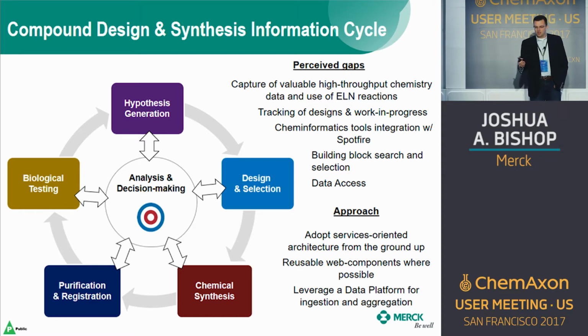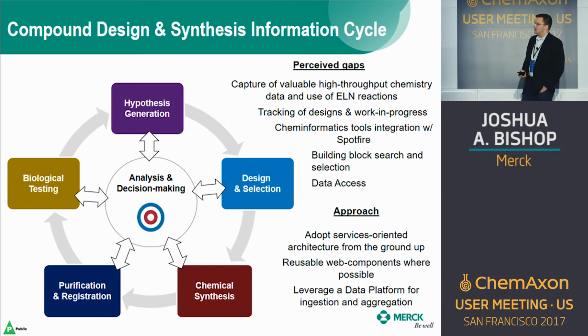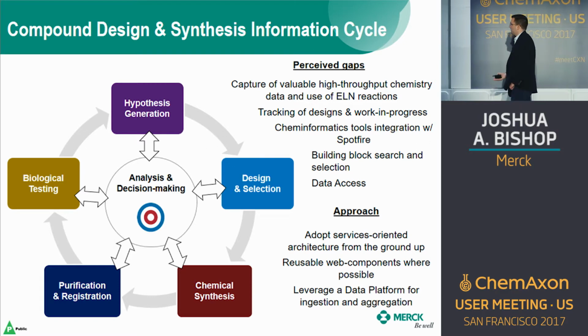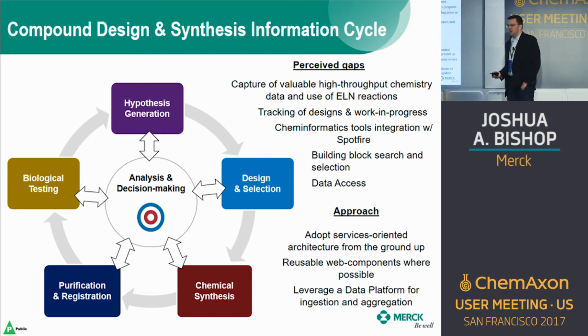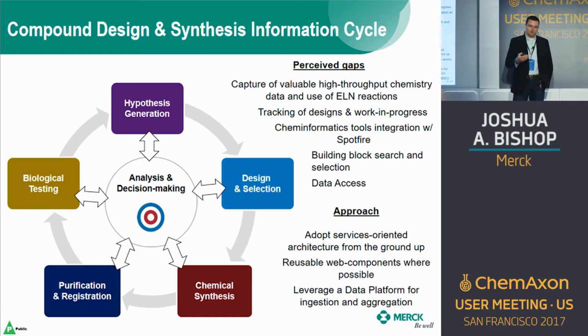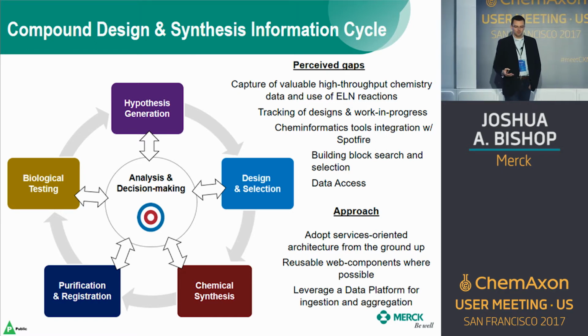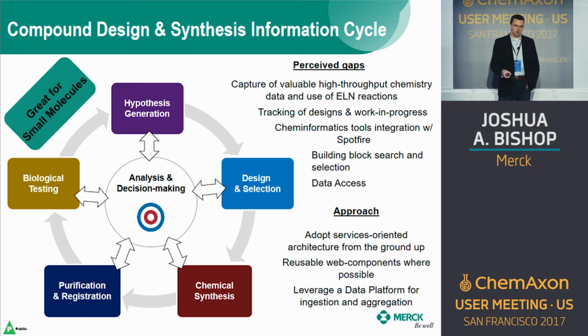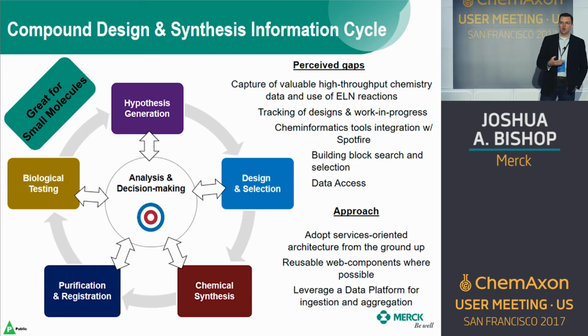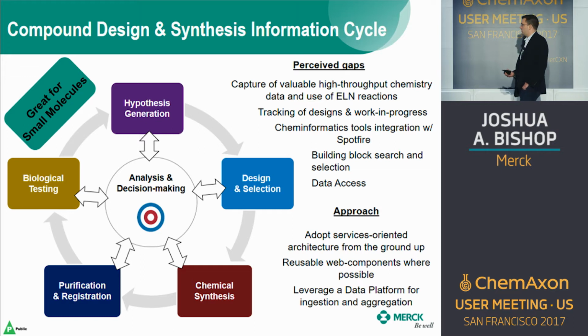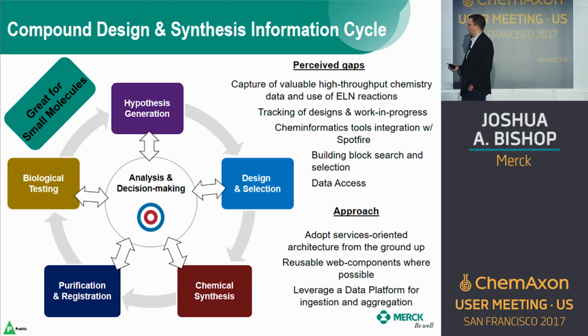Basically what this slide is telling you is that there are 5 steps that our discovery chemists take: hypothesis generation, design and selection, chemical synthesis, purification, registration, and then testing. This works really, really well for small molecules because we've got all the tools that we need. We don't have to worry about where the information comes from. We know where it comes from. We have all of the connectors that we have designed for this over the last few years.